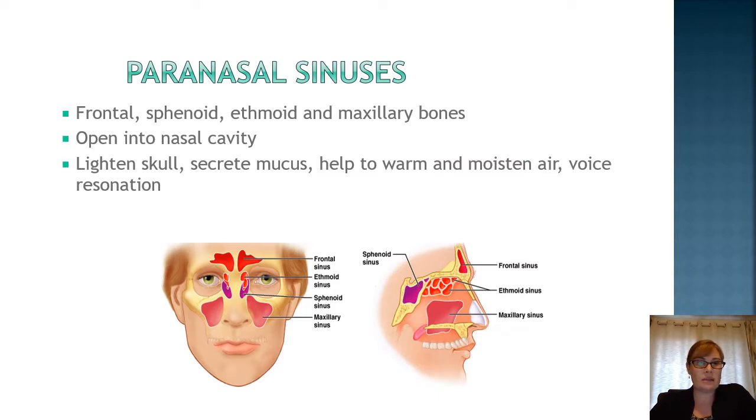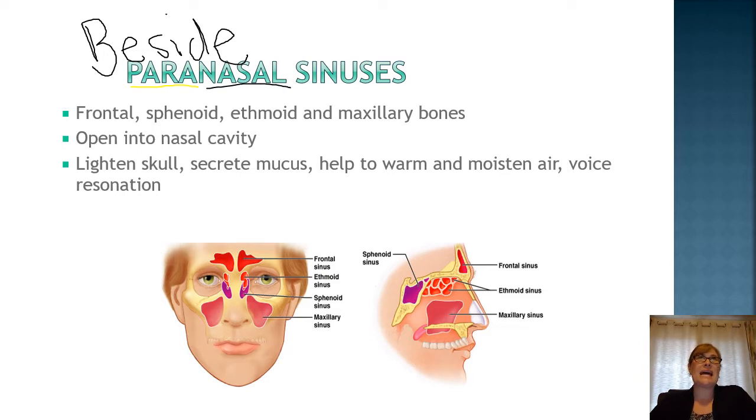Para as a term means beside, or alongside, the nose.